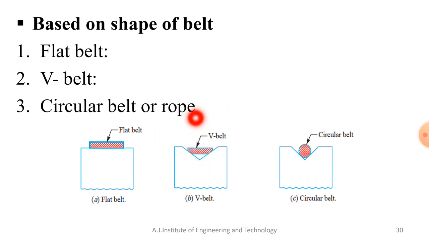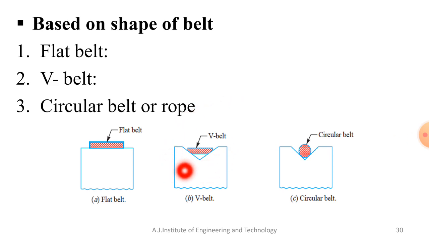Then what about V belt? V belt we can use when a great amount of power is to be transmitted. It means that more power we can transmit from one shaft to another shaft. In such cases, you should preferably select V belt or V belt drive. One of the disadvantages is that you cannot use it for longer distance.